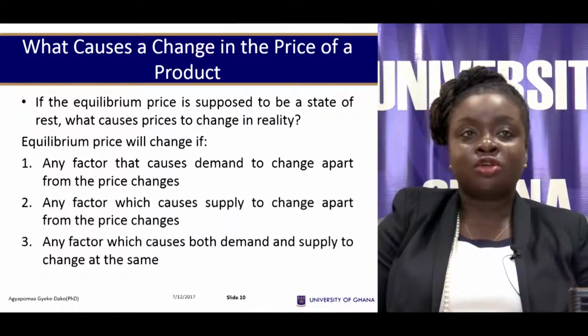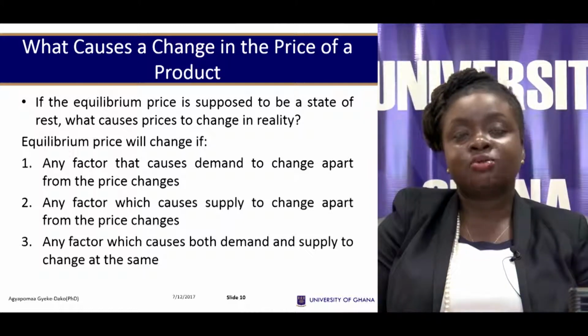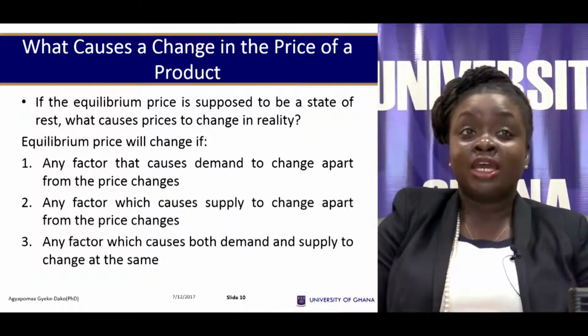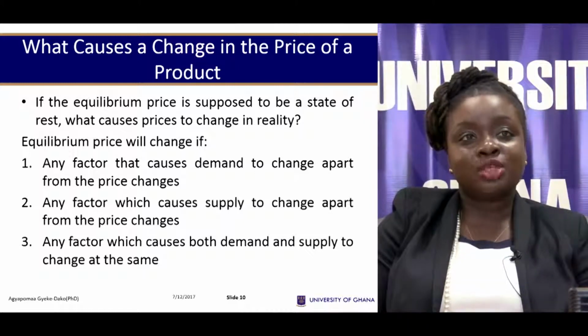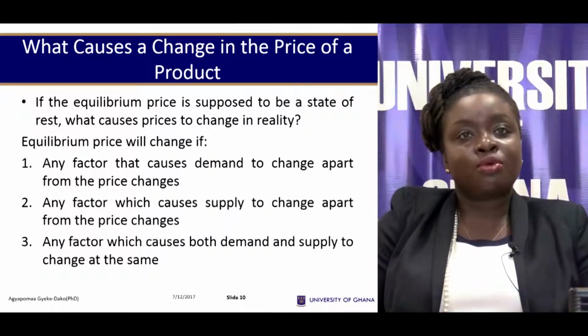And that would obviously cause the price to increase and the quantity that is being supplied or that is being put on the markets for sale or demanded to also increase. So we have an increase in the price of a product, and then we see that quantity is also increasing. When this happens, we get to a new equilibrium point. So you see that a factor that causes the demand curve to shift broadly to the right has caused the equilibrium price to change.